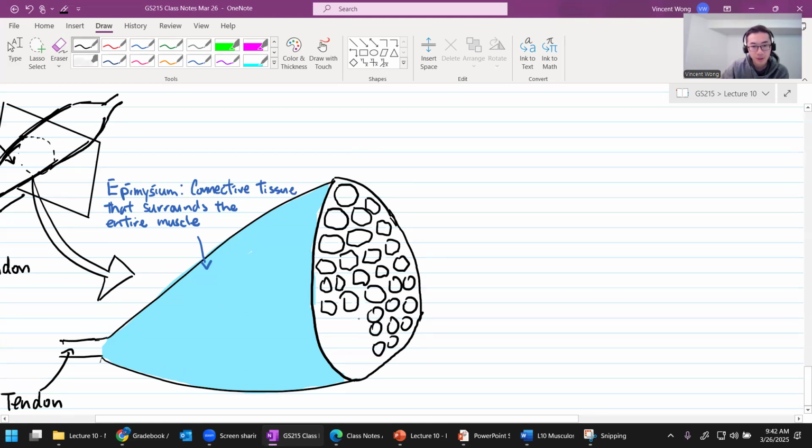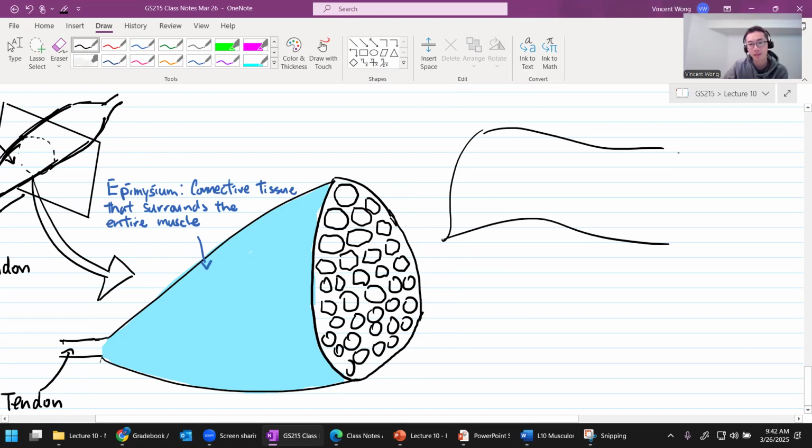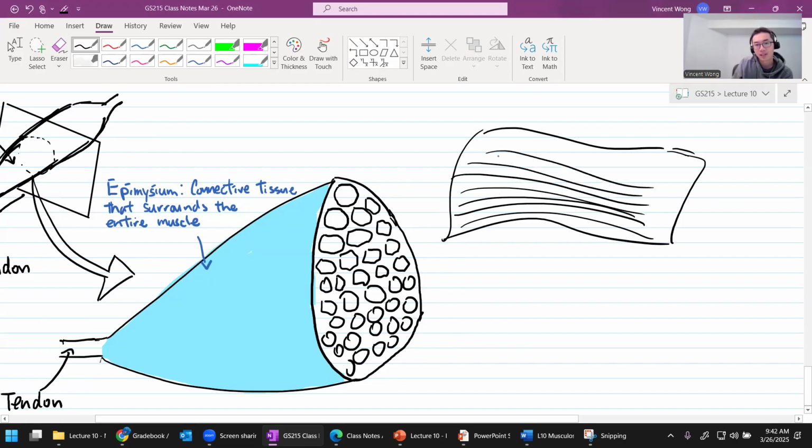Next time you buy beef, it's more obvious on the beef than on chicken. The beef has these lines, right? If you prepare the beef, you have to cut perpendicular to these lines so it's not going to be too tough. If you cut parallel to them, it's going to be really tough.